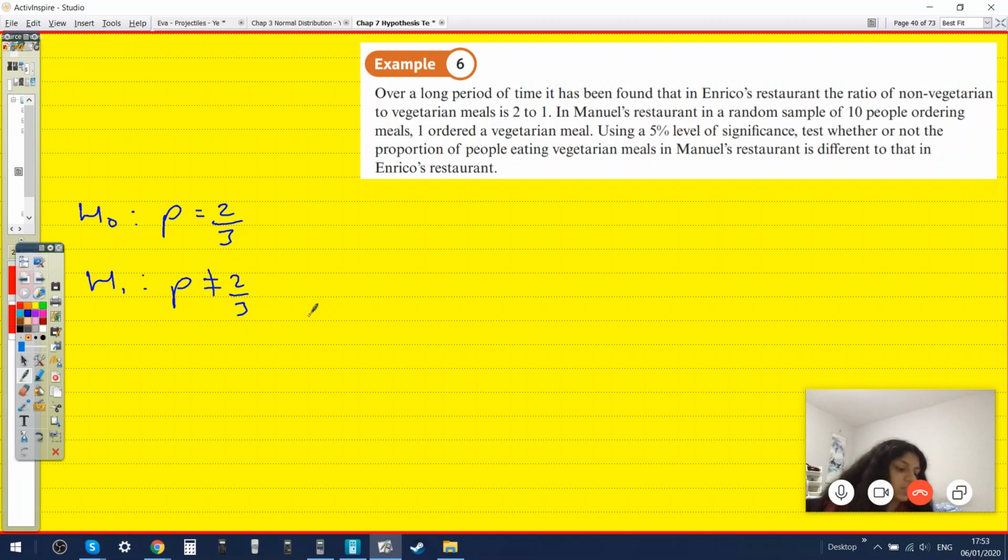So the critical region is x is less than or equal to 4, and x is greater than or equal to 10.